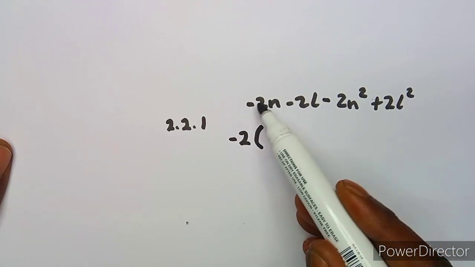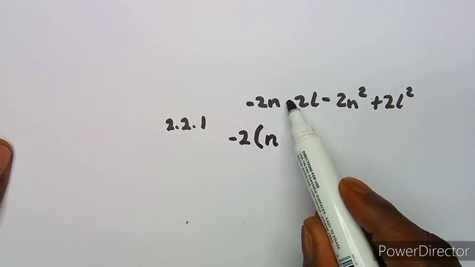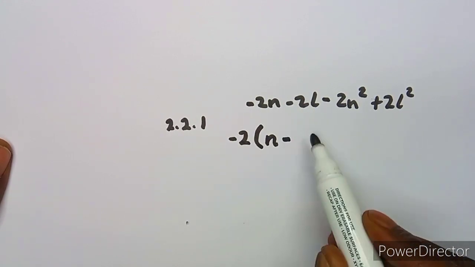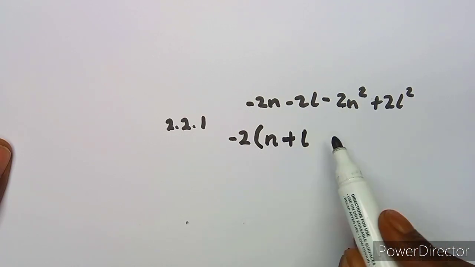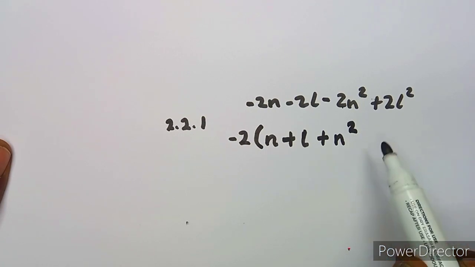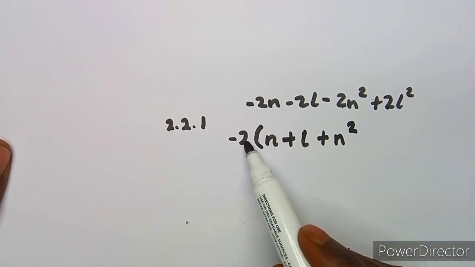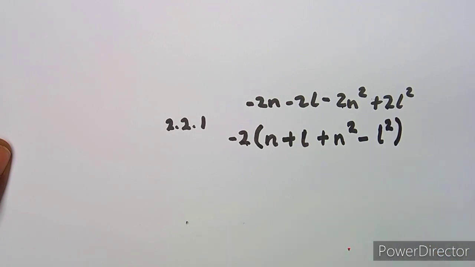All right, which is minus 2 divided by minus 2 is going to be positive n, minus 2 and minus 2, which is plus l, minus 2 and minus 2, which is plus n squared, plus 2 and minus 2, which is minus l squared, like that. All right, so this is what you're going to have.